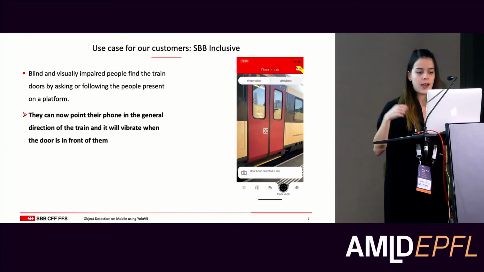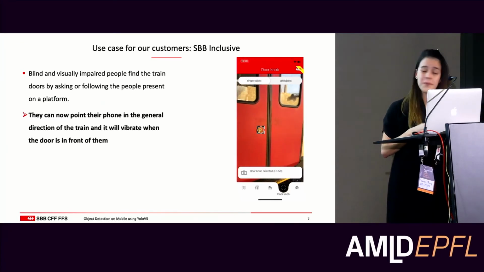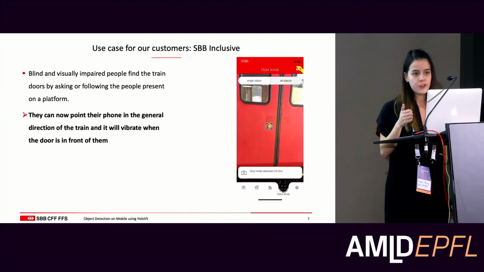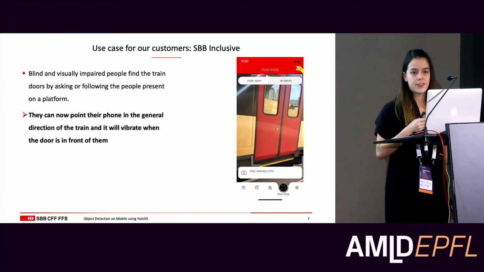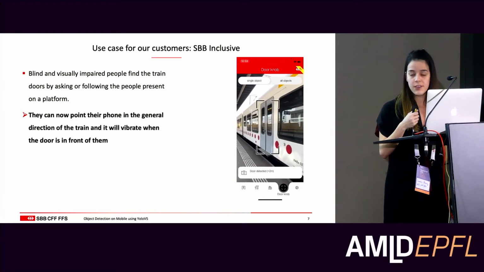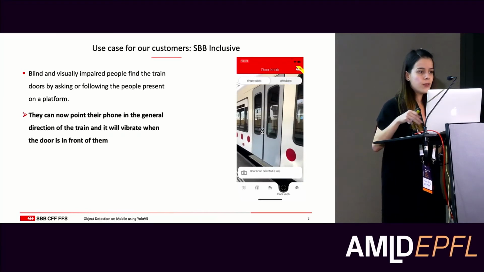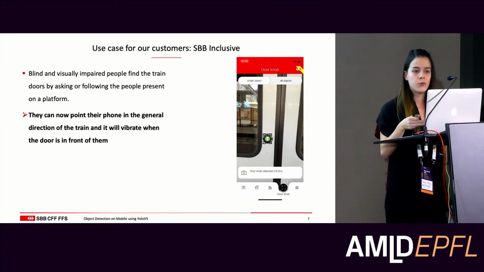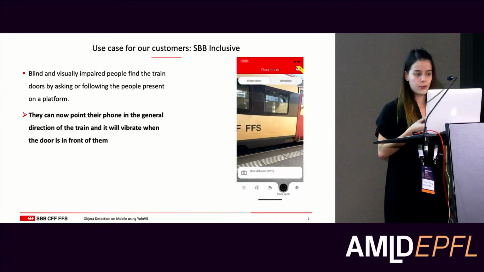And this is why we added this feature to the application, in which they can simply point in the direction of the train, and once the door is detected, the mobile phone will vibrate, and when they get closer to it, the vibration will intensify, and then they know that they are close enough to reach out and open the doors.